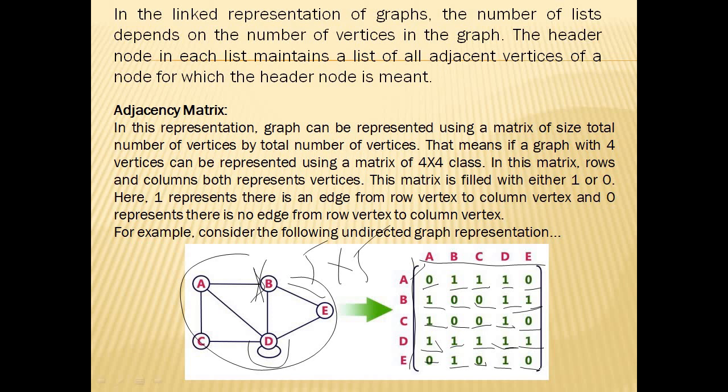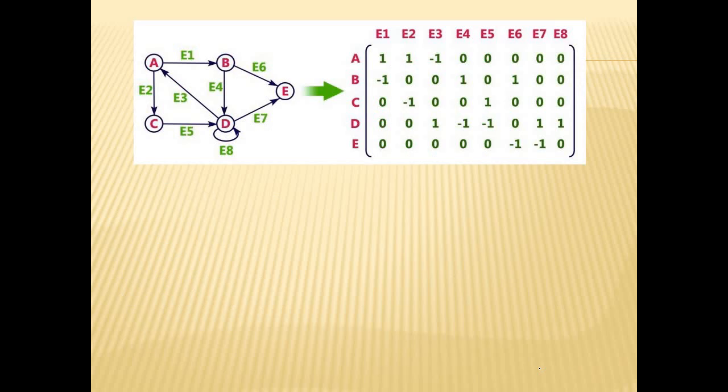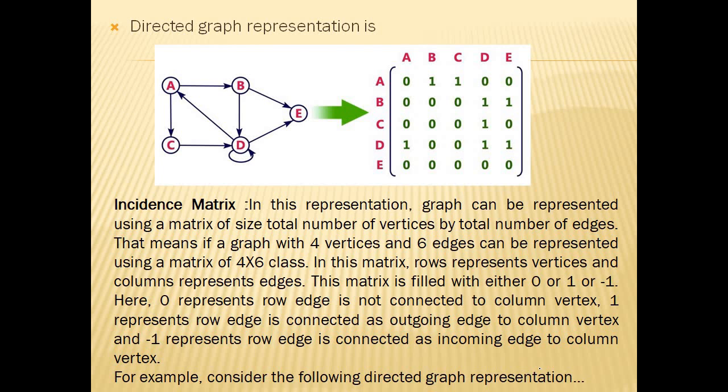Here we have another type of matrix representation, called the incidence matrix. If it is a directed graph, it is like this. In the incidence matrix, instead of representing 0 or 1, we will represent with -1, 1, and 0.